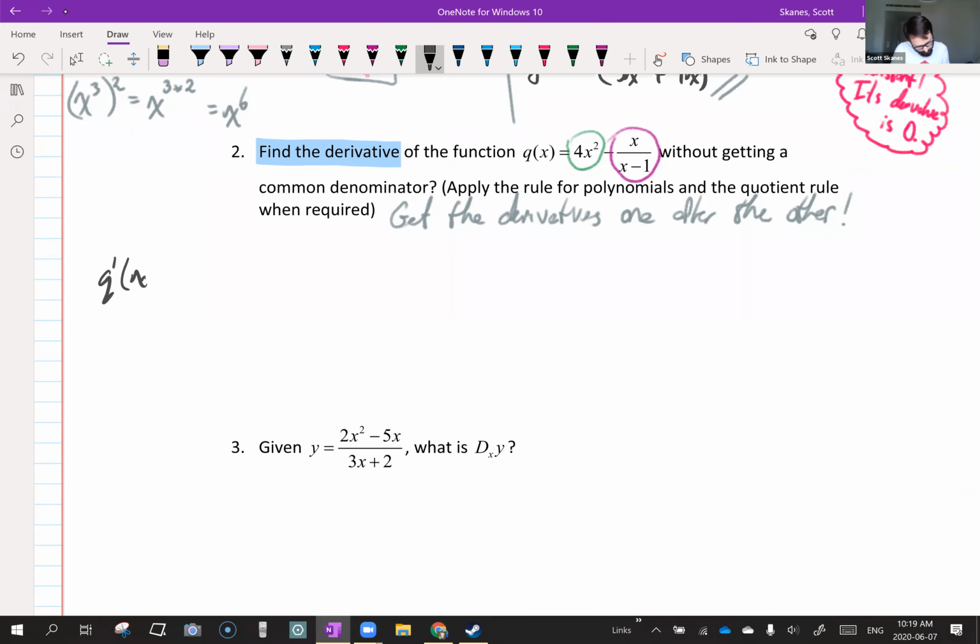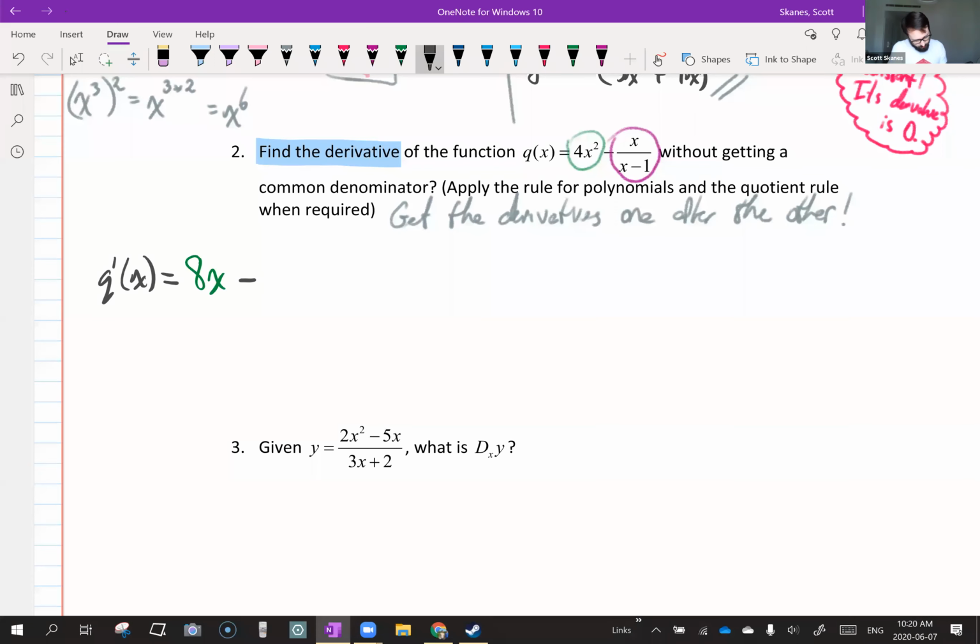Q prime is, what's the derivative of 4x squared? Well, the 2 comes down, multiplies, it should be 8x. That's our green piece. Minus. And now I'm going to start my quotient rule because I didn't want to include 4x squared in all this.